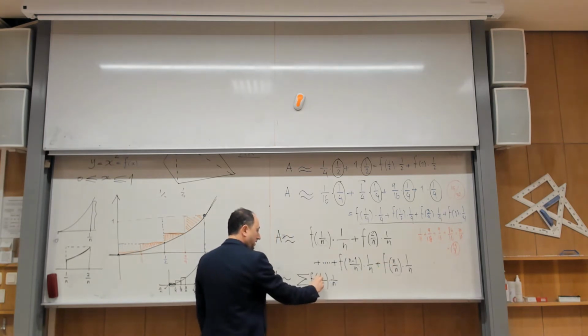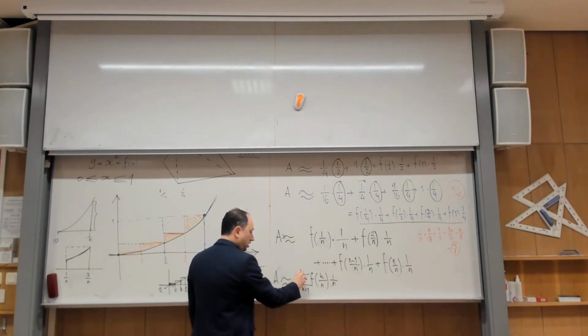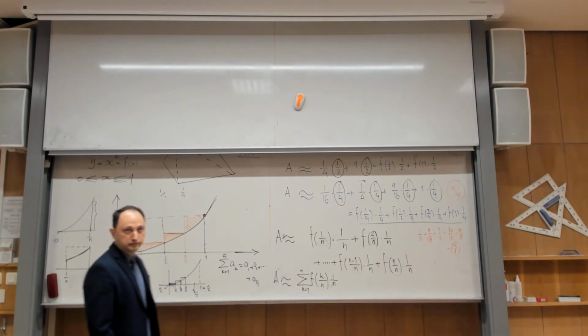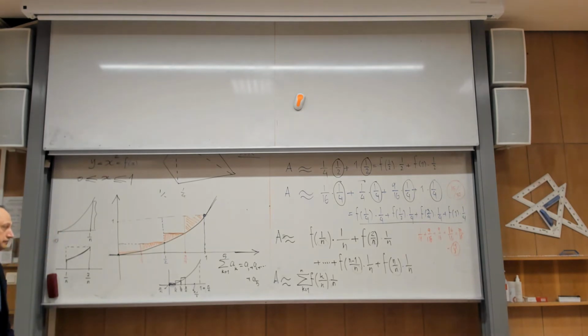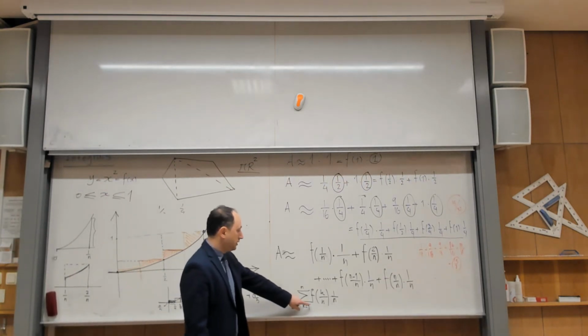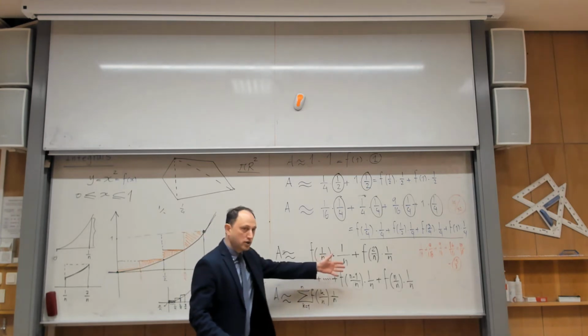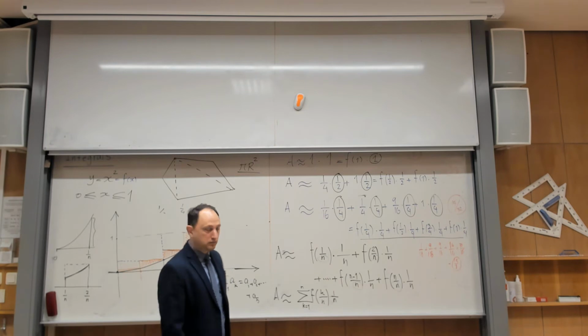So I write k over n, but I run k from 1 up to n. So I have done nothing except use a very common symbol in mathematics to write a long sum in a compact form.